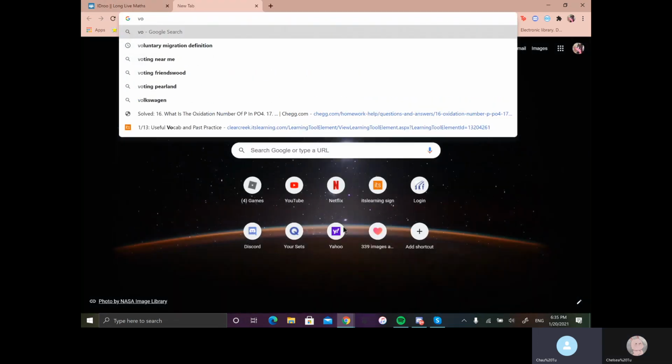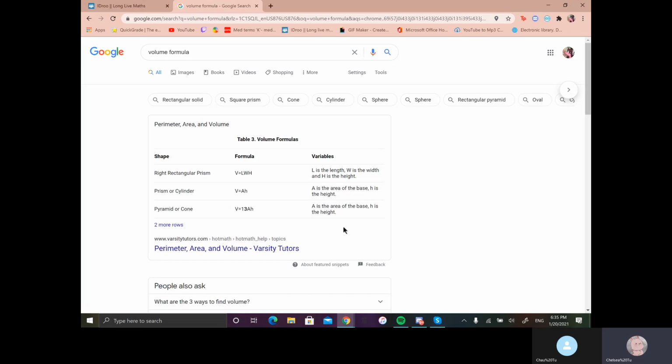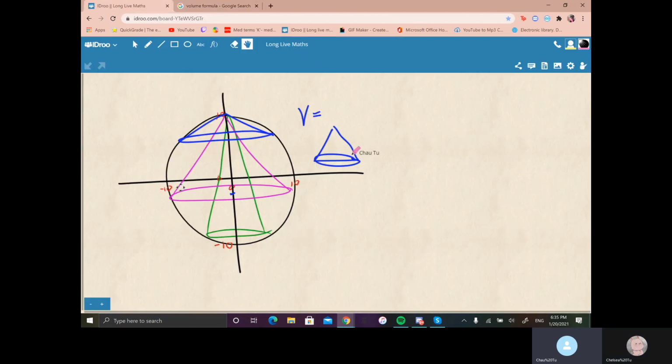Sorry, say that again, Chelsea. Volume is length times width times height. No. It's area of the base times height. Okay. So the volume of a cone is like this, Chelsea. It's like a third of a cylinder for some strange reason. It is a third of a cylinder.